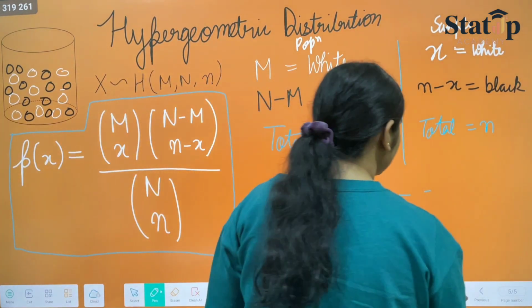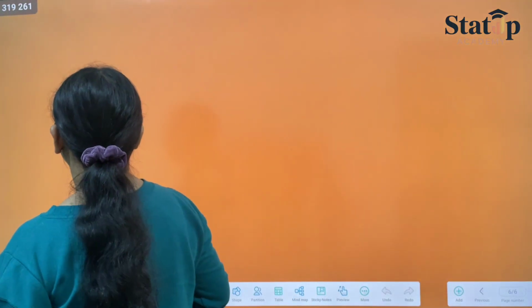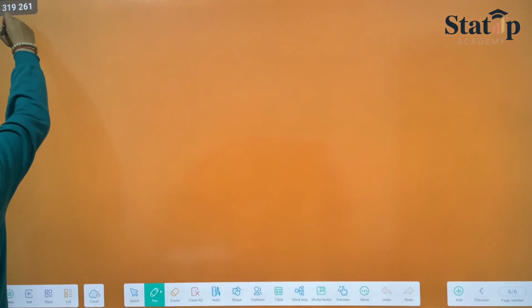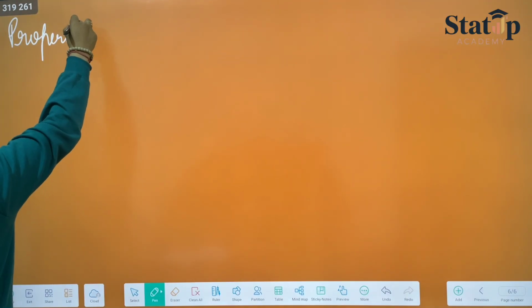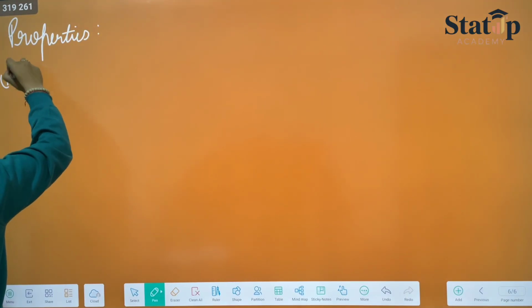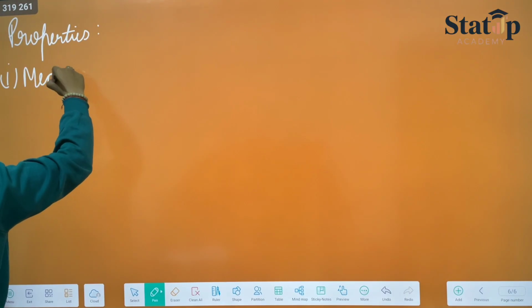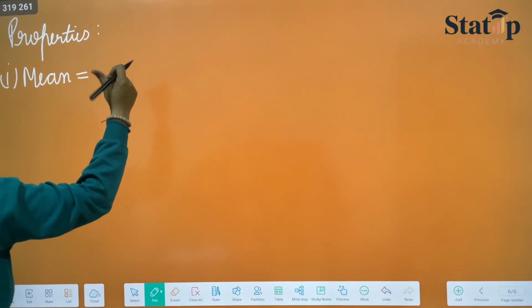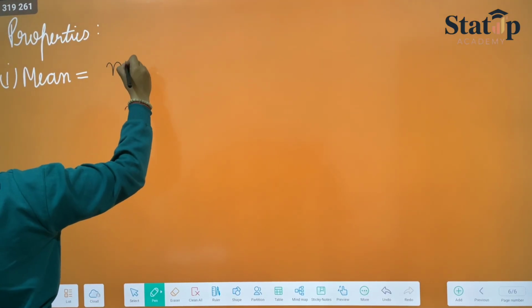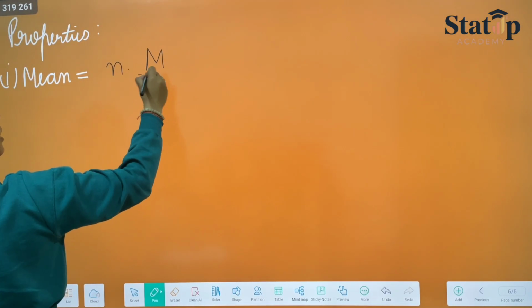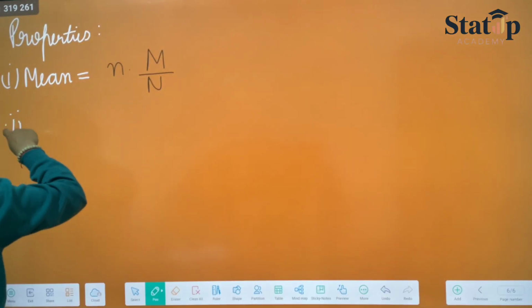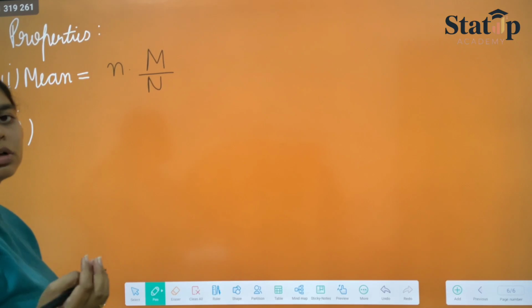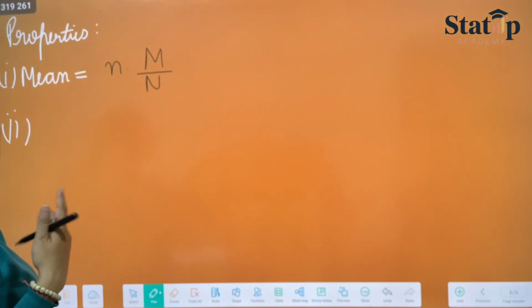Now let us discuss some of its properties. The first property, as always, will be the mean of hypergeometric distribution. Mean of hypergeometric distribution is n times m upon capital N. Here we are calculating for white balls.